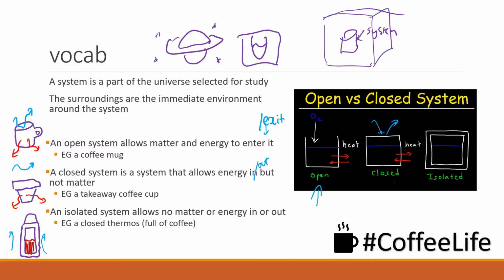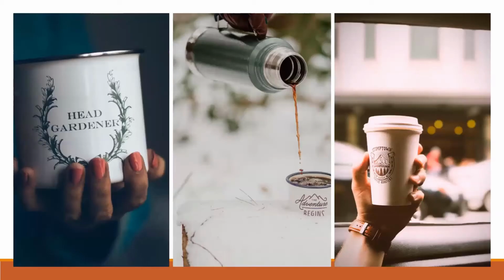So let's jump ahead now. This is just a picture, in case you didn't know. On the left, we've got the coffee mug. This is the open system. On the right, we've got the takeaway coffee cup, which is the closed system. You can still feel heat coming through that cup, and heat can still get into that cup. So if it's a really hot day, you can still get heat into it.